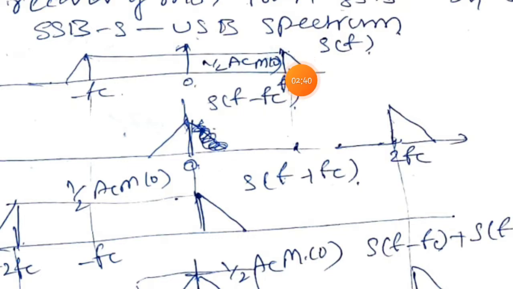This USB, which is located at fc, after shifting is located at 0. And what happened to this other one? It is actually located at fc, and after shifting it is shifted to 2fc.